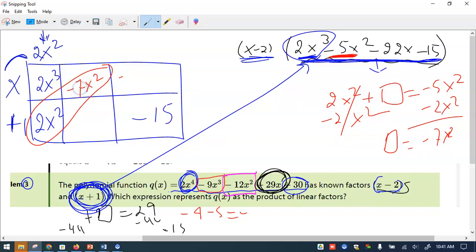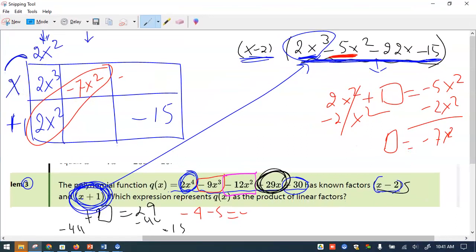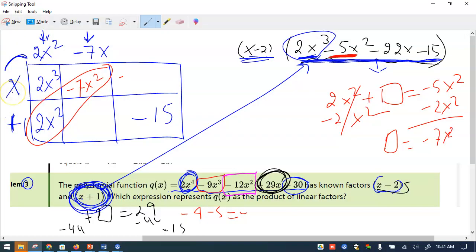Then ask a question, what multiplies here to give 2x to get minus 7x squared? So this has to be minus 7x. And the same minus 7x, whatever you have, multiplied by this plus 1 gives you minus 7x.